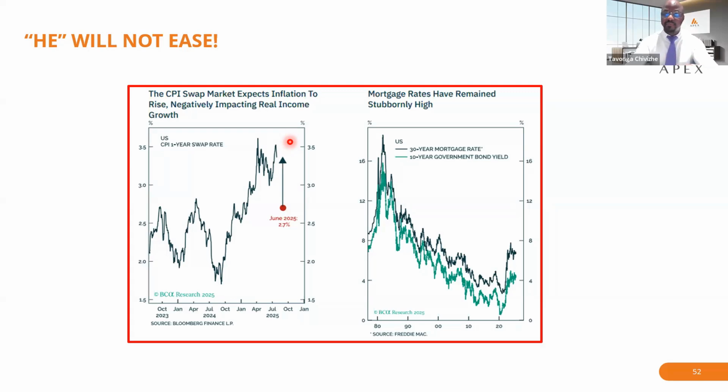It's going to make it very difficult for these bond yields to come back into safer territory away from financial accident. Mortgage rates, which track the 10-year bond yield, are also elevated, meaning that the consumer is heavily laden with pressure. So again, you can't expect to escape recession risk when he will not ease.